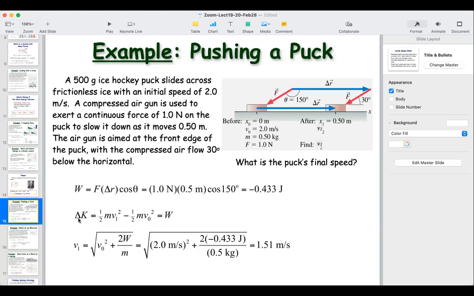Then we have delta K is 1/2 m v1 squared minus 1/2 m v0 squared. And this is equal to the work.